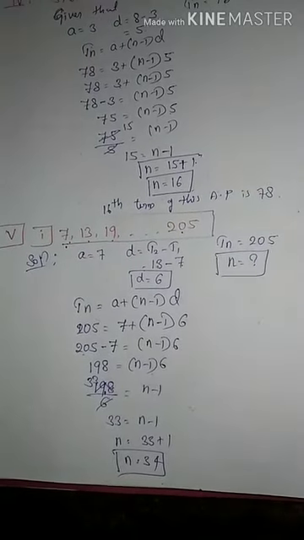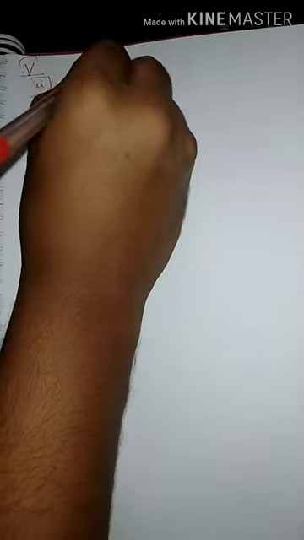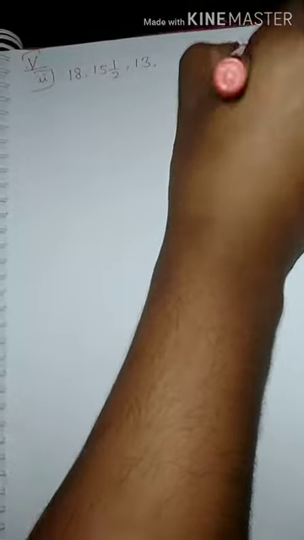The next, the second one. Second example. 18, 15 whole 1 by 2, 13, and so on, up to minus 47.